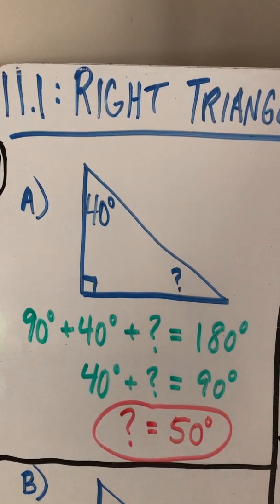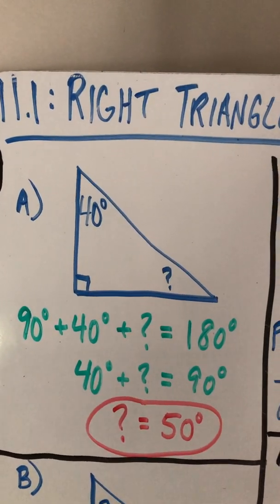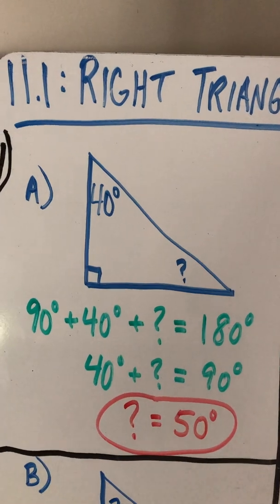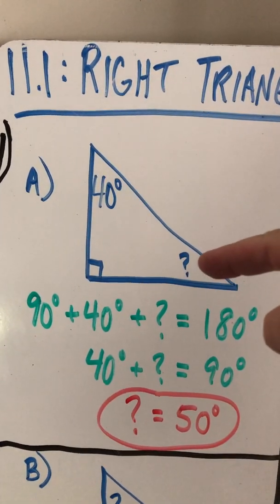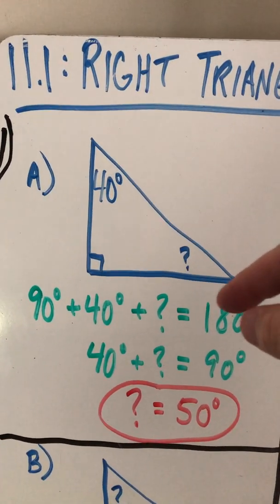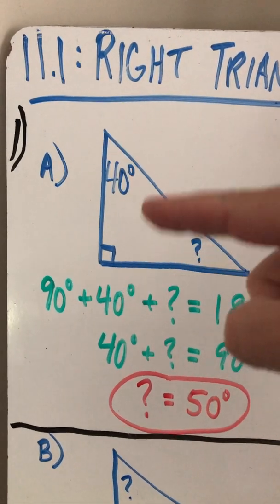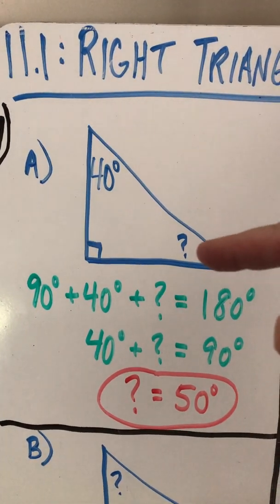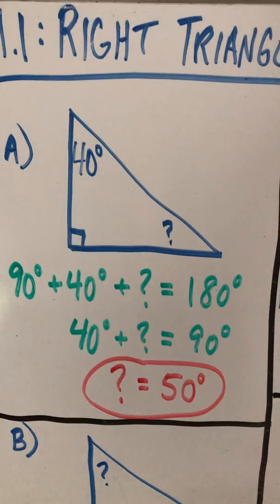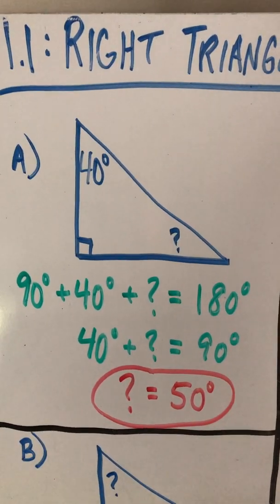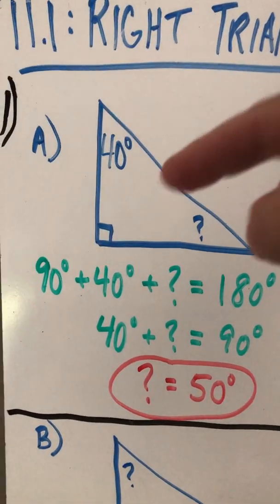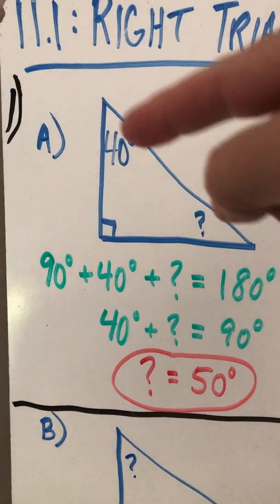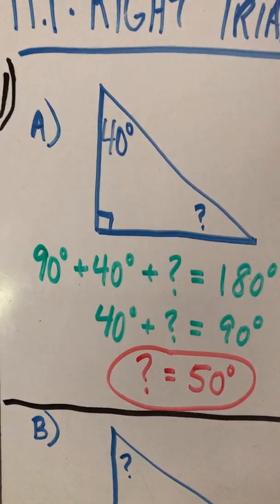So the three angles of a triangle add up to 180 degrees, right? So if I want to know what this angle equals, I'm going to do 90 plus 40 plus this angle equals 180. But also, if this angle is 90 degrees, then don't these two add up to 90 degrees?